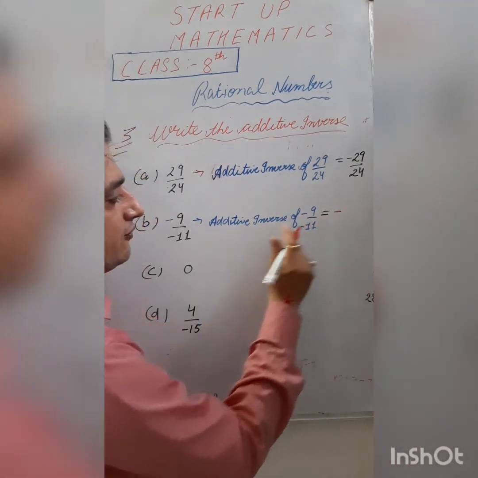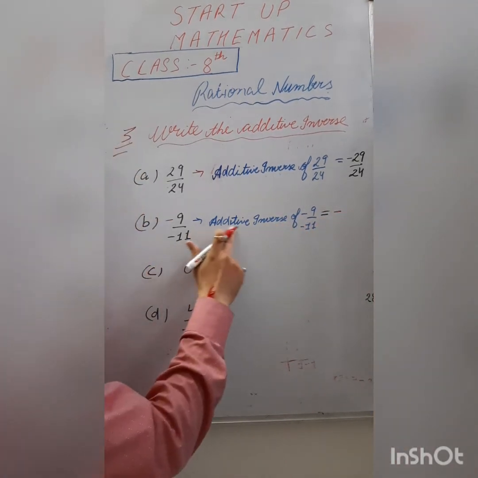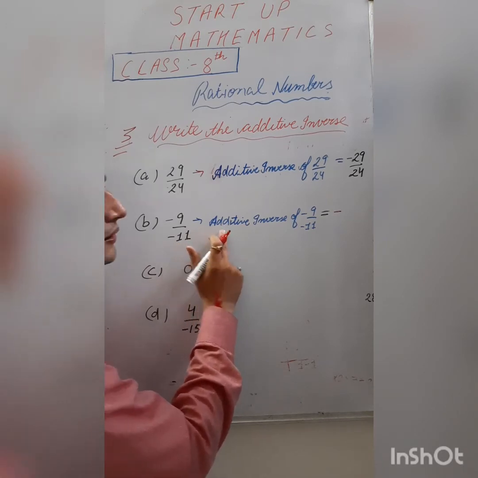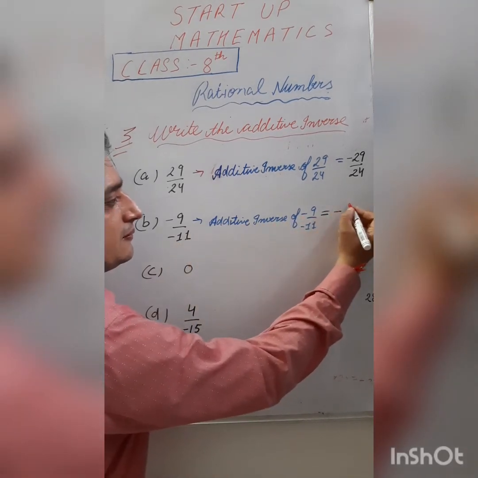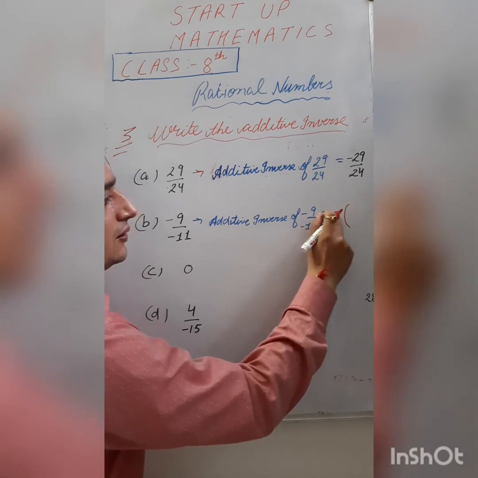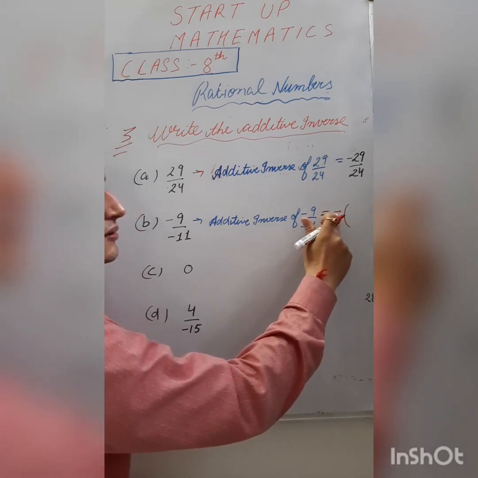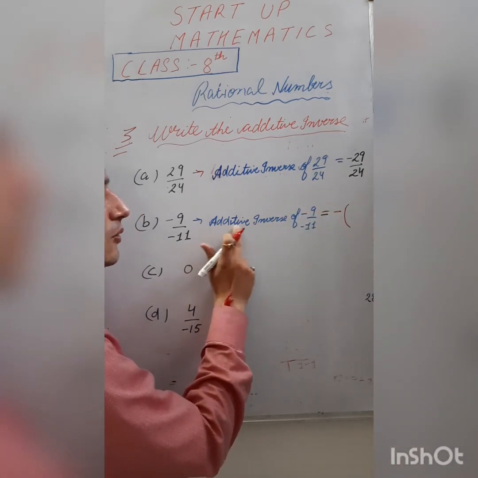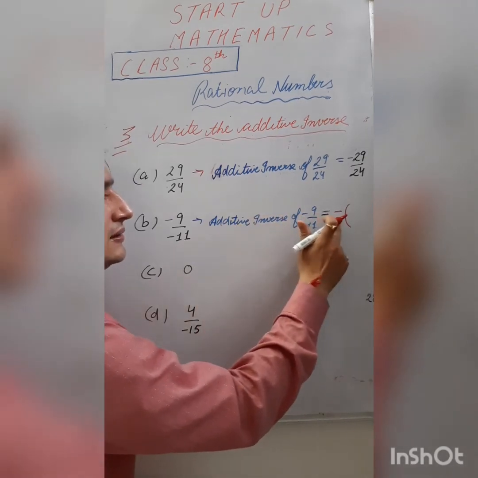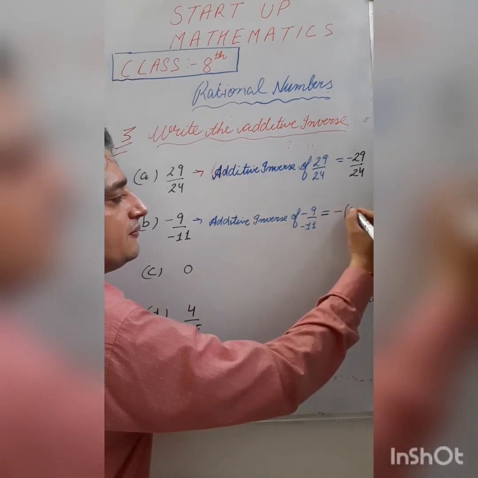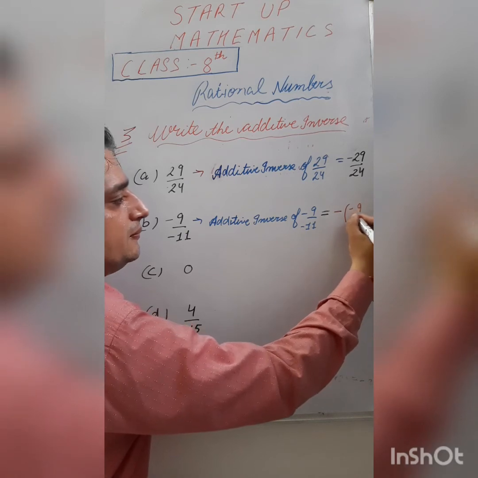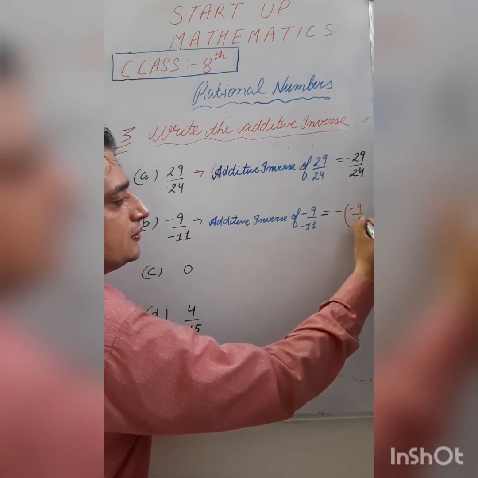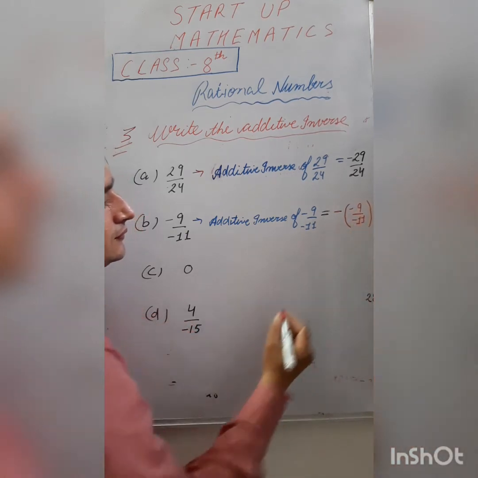So I can write this as minus, because I have to change the sign as per the additive inverse property. For additive inverse, I have to write minus, and enclose the rational number in the bracket. Right.